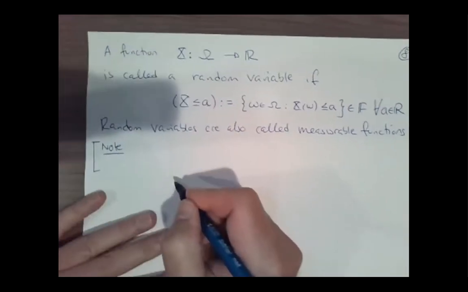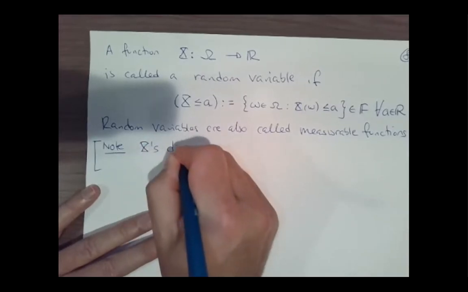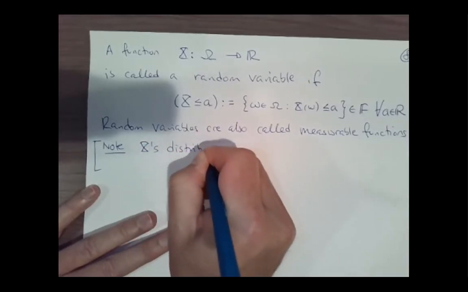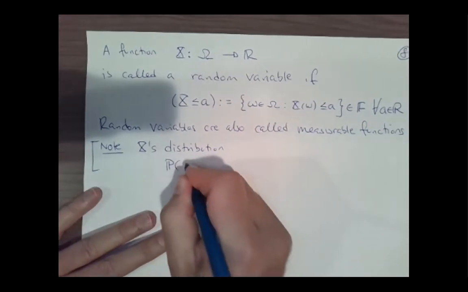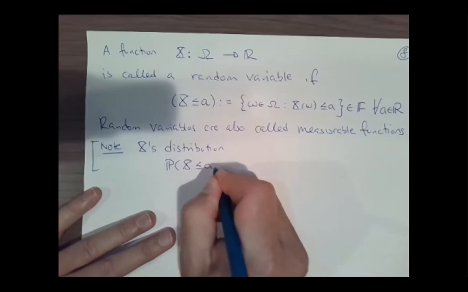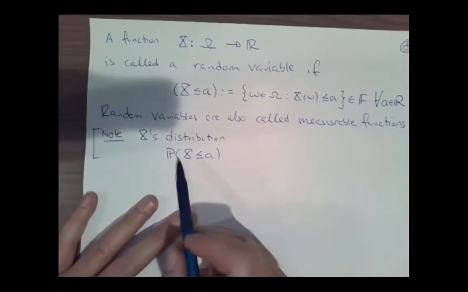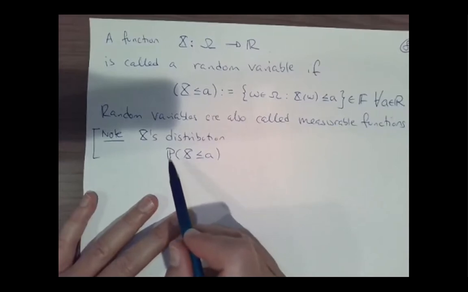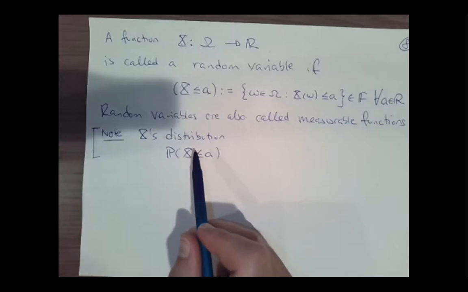When we talk about X's distribution, what do we talk about? We talk about the probability that X is less than a. What sets am I allowed to plug into P? Well, I'm allowed to plug stuff into P that's in P's domain, otherwise I'm not allowed to do it.